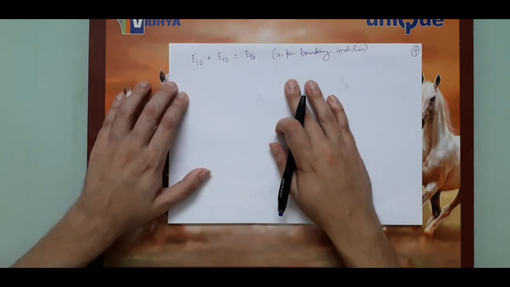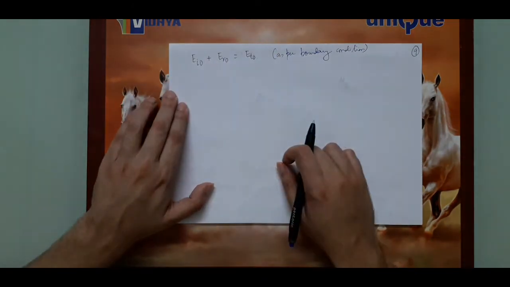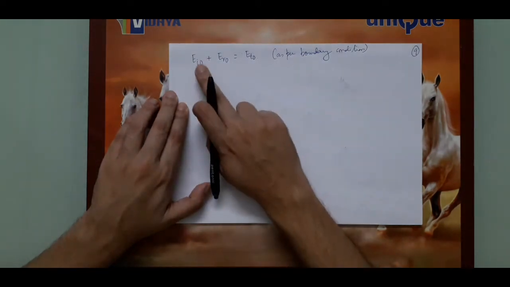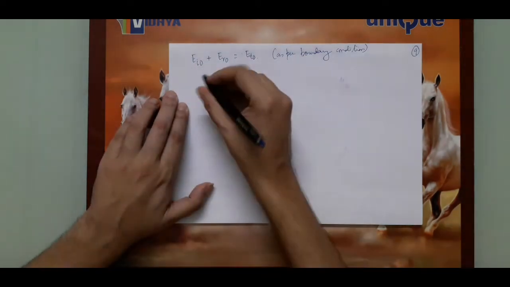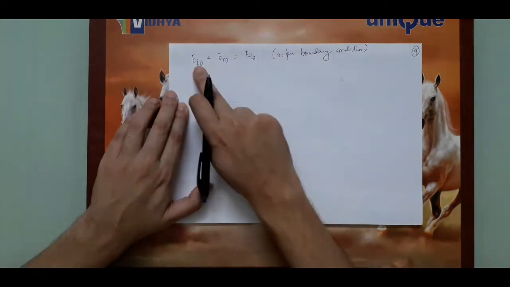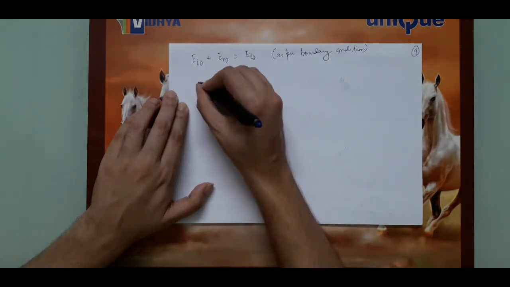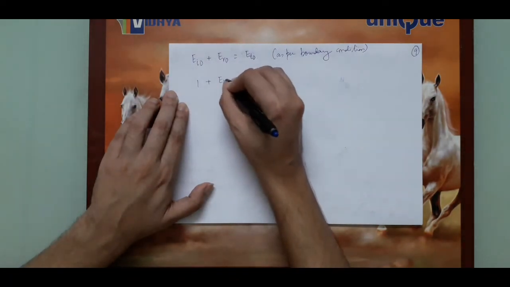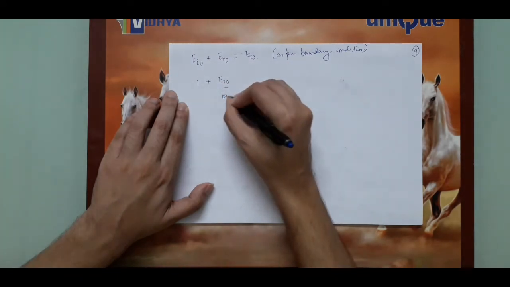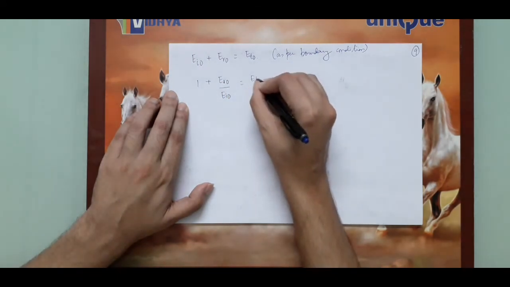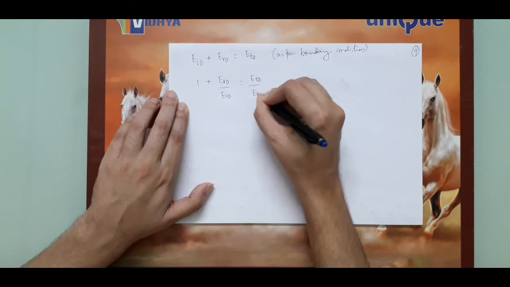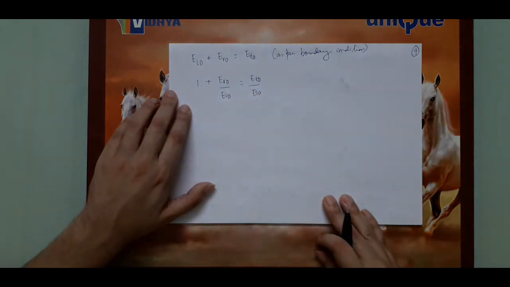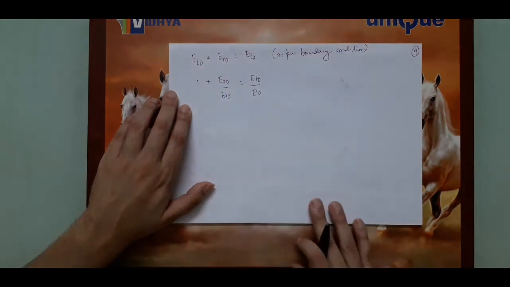Now let us rewrite this slightly. Let us divide this whole equation by the incident field. If I divide this whole equation by EI0, what I will get is 1 plus ER0 by EI0 equals ET0 by EI0. Now what is this term?